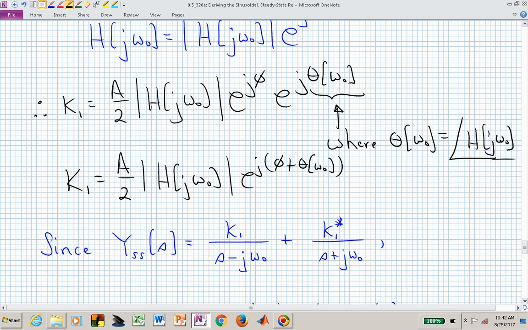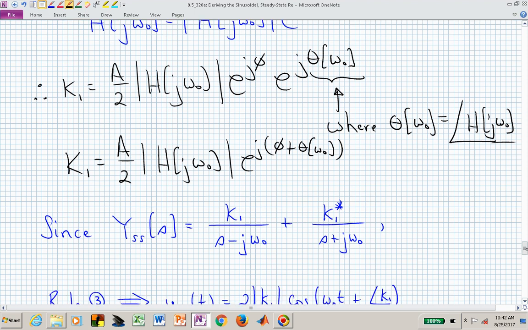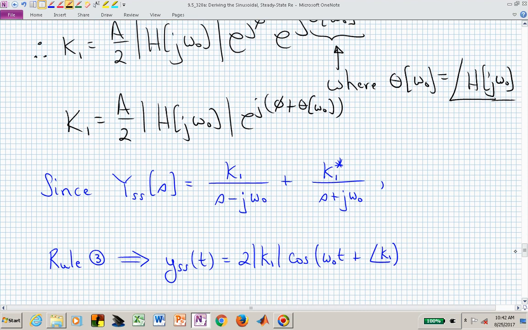That's what K1 is. K1 is a complex number. It has a magnitude of A H over 2, where H was the magnitude of H, and it has an angle of phi plus theta. And we can now invoke rule number 3 to immediately go into the time domain once we have K1 identified, which we now do.